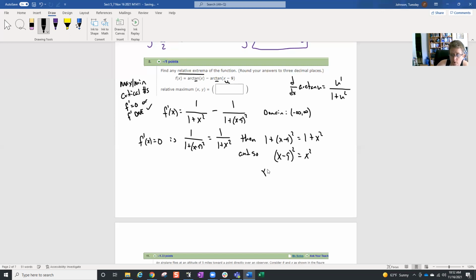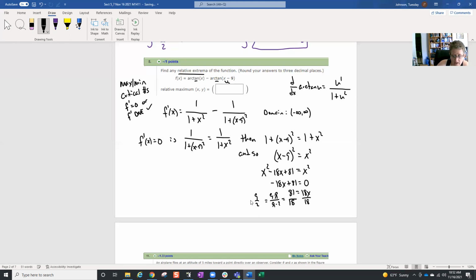Remember to FOIL this out. Let's subtract x squared from both sides. When we subtract x from both sides, we'll end up with 81 equals 18x. And 81 is 9 times 9, 18 is 9 times 2.